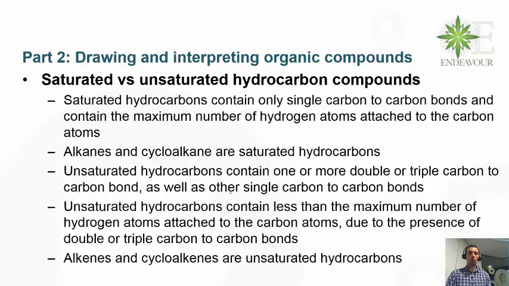Remember also that they will contain some single carbon-to-carbon bonds. Because of the presence of these double bonds, the unsaturated hydrocarbons are going to have less than the maximum number of hydrogens. Because remember, if you have more bonding between carbons, there's less room to bond with other atoms. And the groups that we saw had these characteristics were the alkenes and the cycloalkenes.